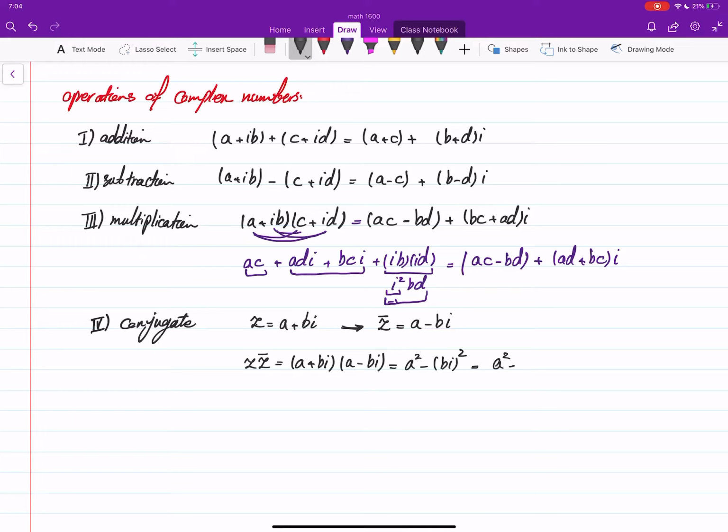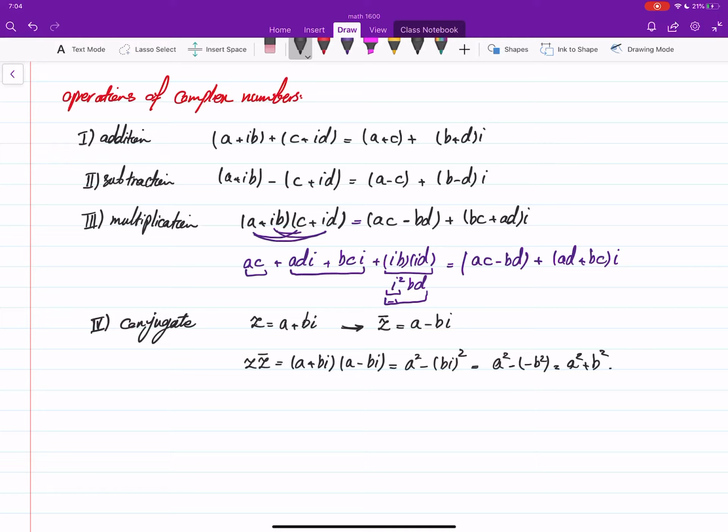But (bi) squared has b squared and i squared. I squared itself is negative, so this will give us a squared plus b squared. So when you multiply a complex number to its conjugate, it will give you the sum of the squares of the real and imaginary parts of that.